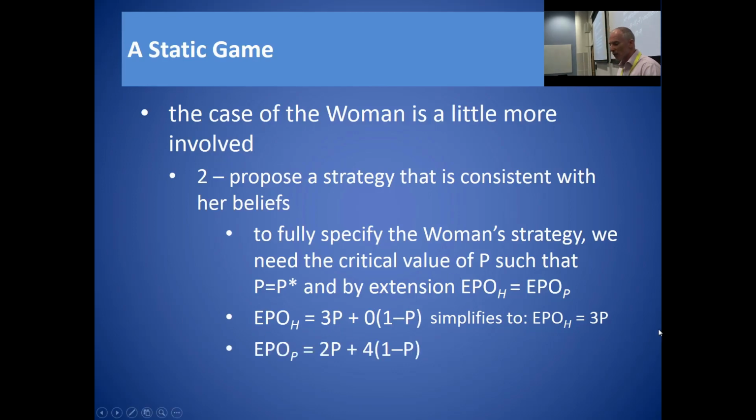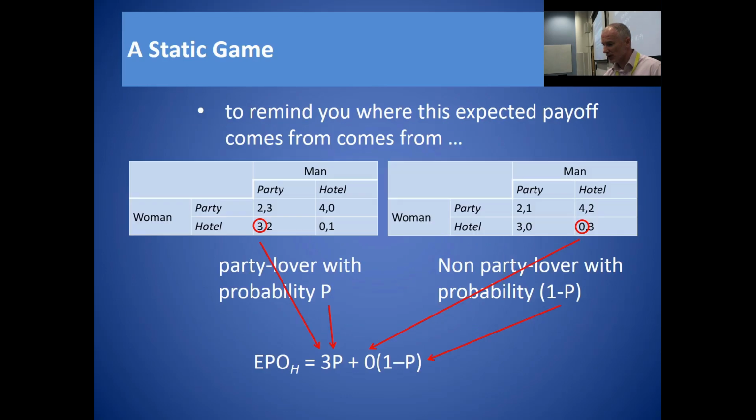And in exactly the same way, we could calculate the expected payoff of going to the party for the woman as 2p plus 4 times 1 minus p, which again, if you simplify it, comes to 4 minus 2p. I'll quickly go back to this one just to show you. If the woman goes to the party and the man is a party lover, the woman gets a payoff of 2.